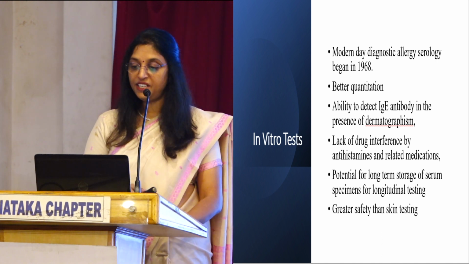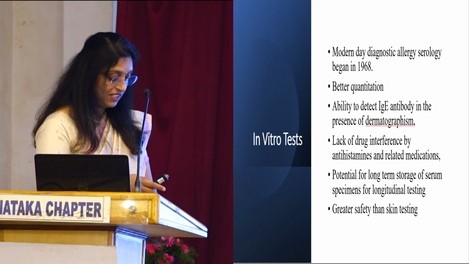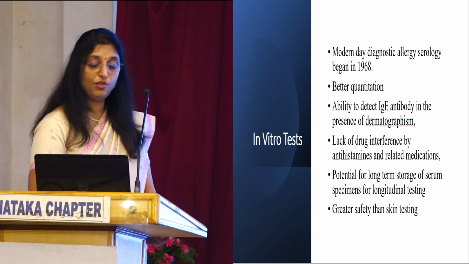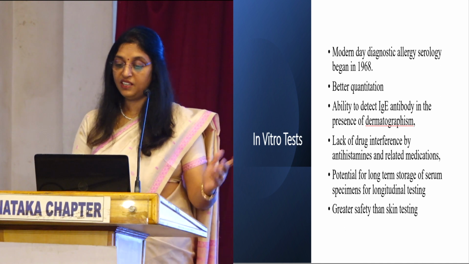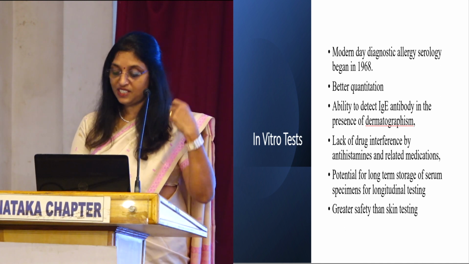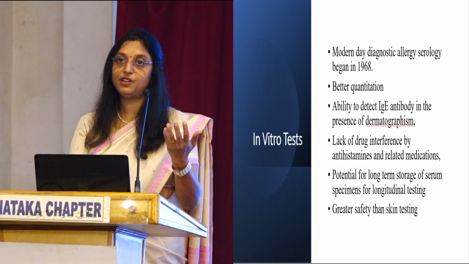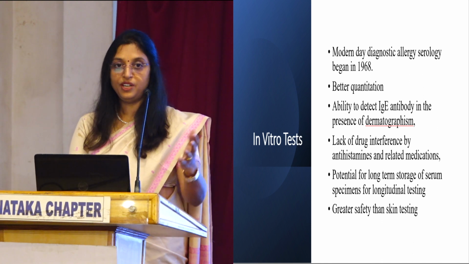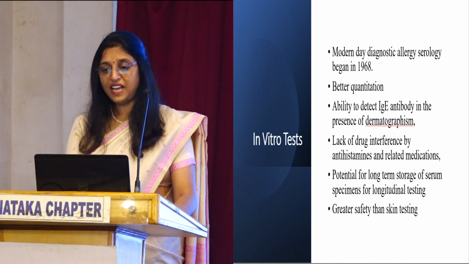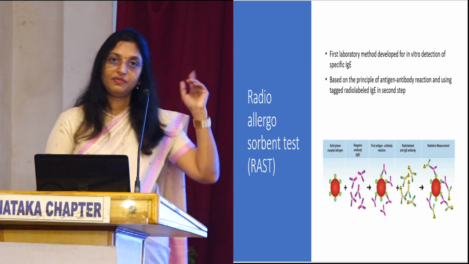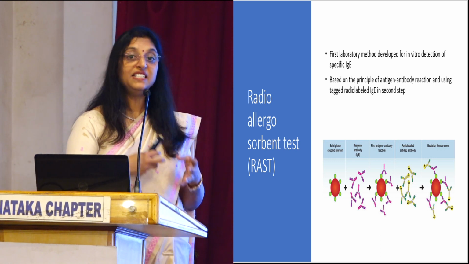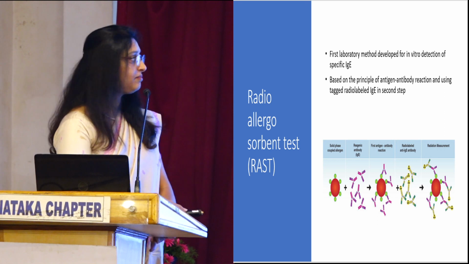The advantage is the ability to detect IgE in the presence of dermatographism, you do not have to stop antihistaminics, and you have greater safety. You just have to draw one blood sample and you are able to do multiple tests on it. So that is the advantage of the in vitro tests which are done on the serum sample of a patient.